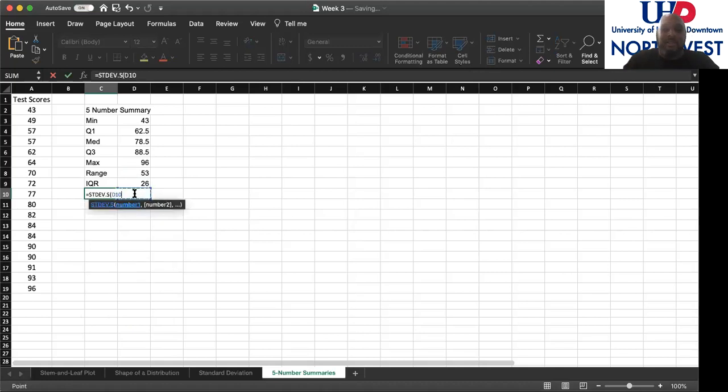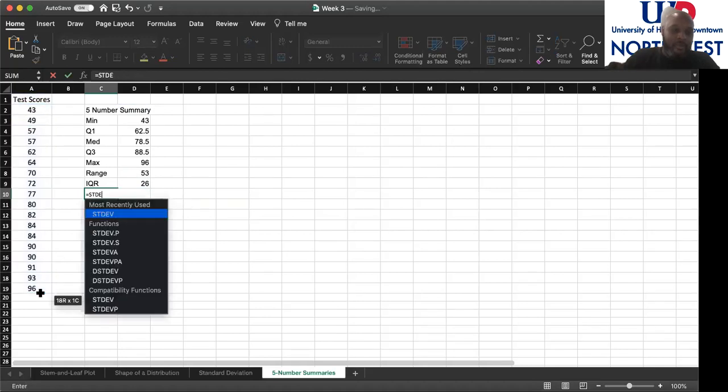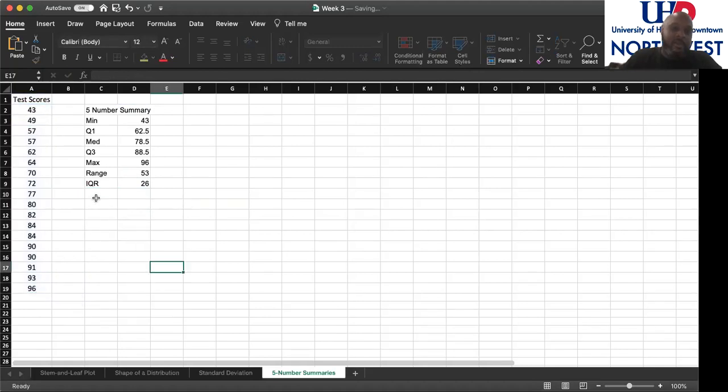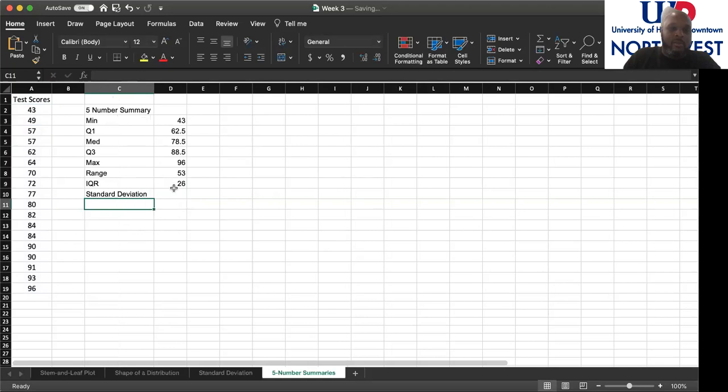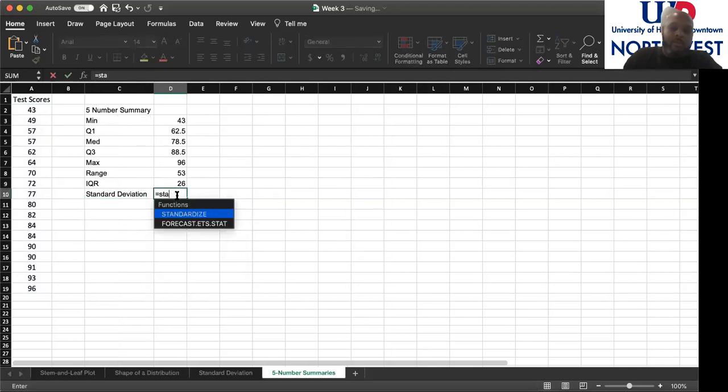So when you do this, highlight your cells. Do this again, standard deviation S. Highlight these cells.